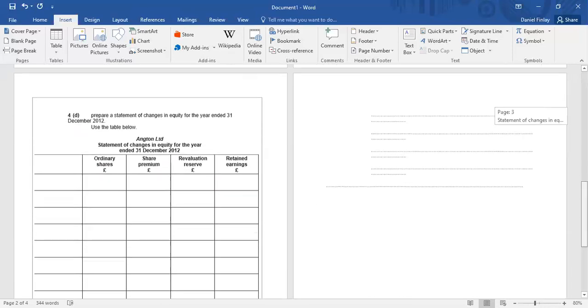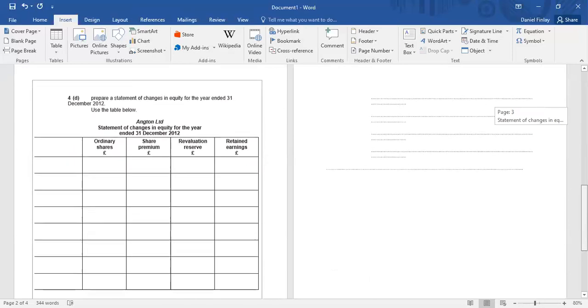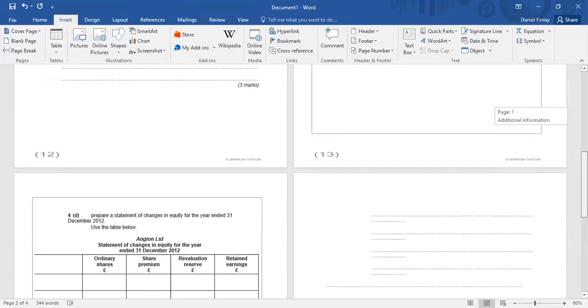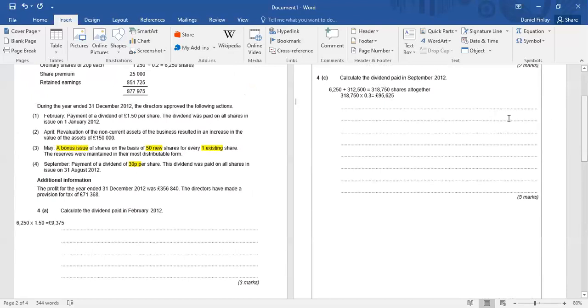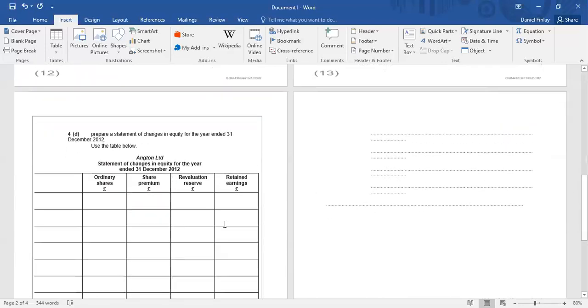So the last bit is just to do the SoCiE. So this is when we just read through the numbers all together. First of all, actually, even before that, we need the balance at the beginning of the year, 1st January 2012.